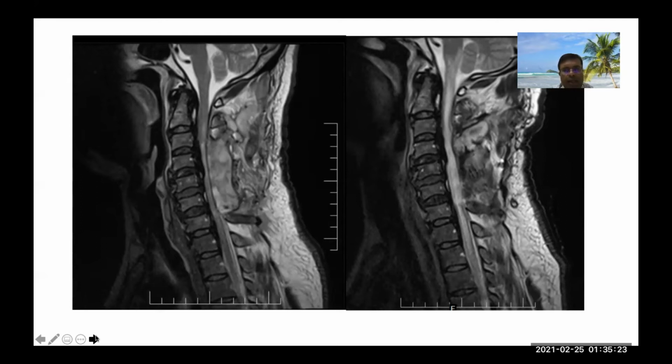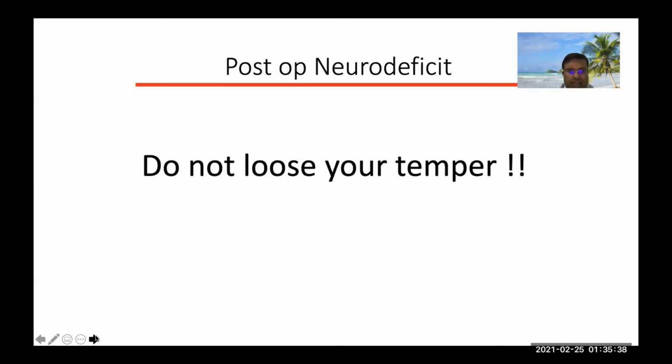He gradually improved but did not reach his post-operative status, and after a couple of years he died due to other reasons. So quite an unhappy experience.